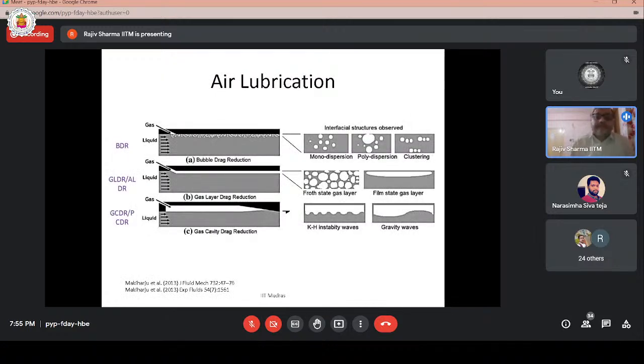This is a concept which I was telling you about: think in terms of two skins which are moving against each other. And because the two skins are moving against each other, you have the frictional drag coming into the picture.